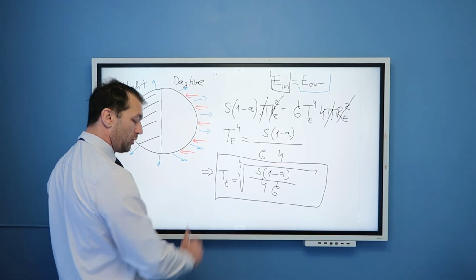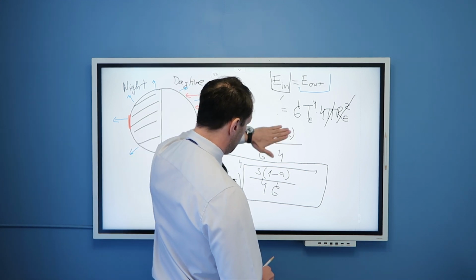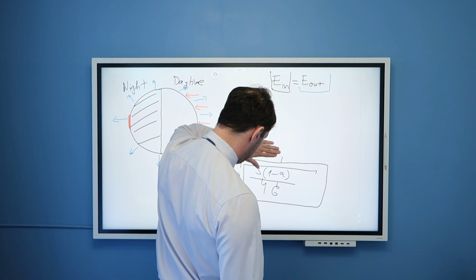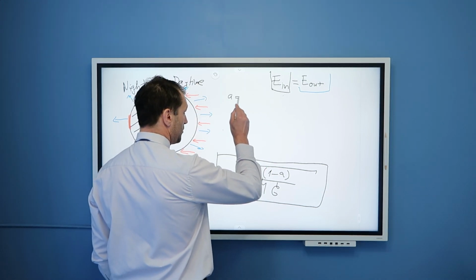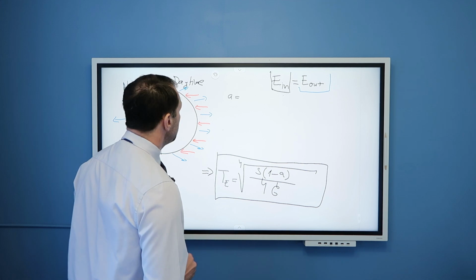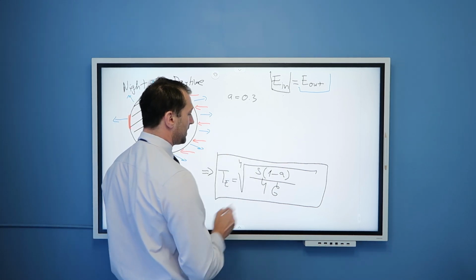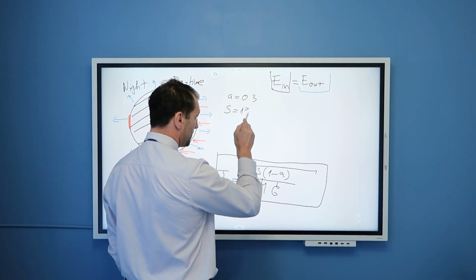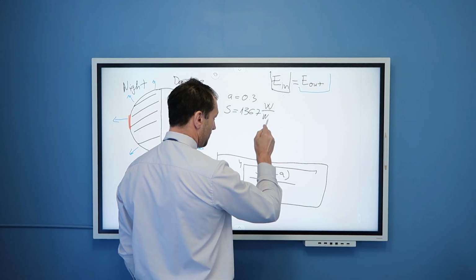Now the question is, what is this temperature? Well, all these constants are introduced in my previous videos. I have a video that demonstrates that albedo of our planet is 30%, so 0.3, that's A. S, I just told you, is 1,367 watts per square meter.